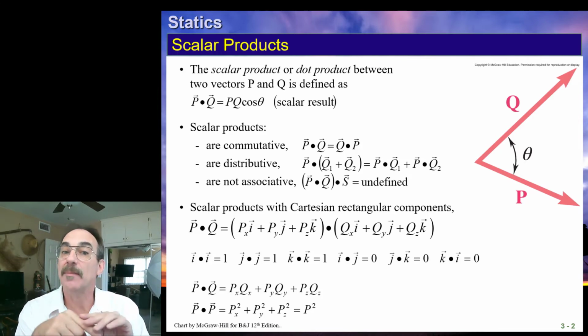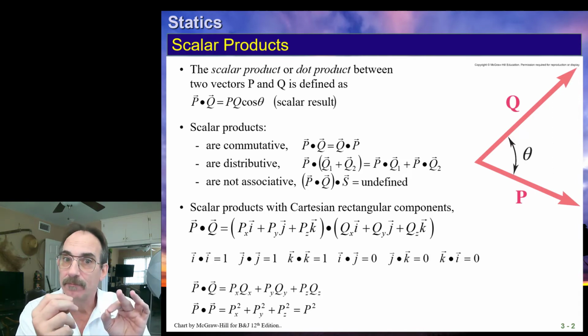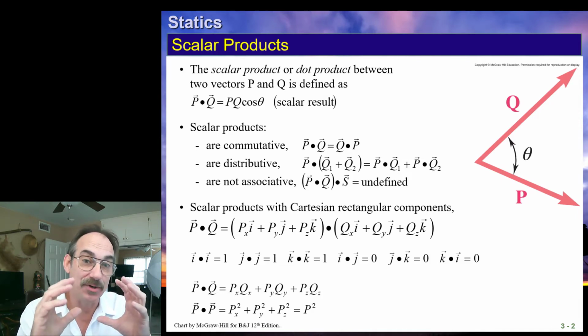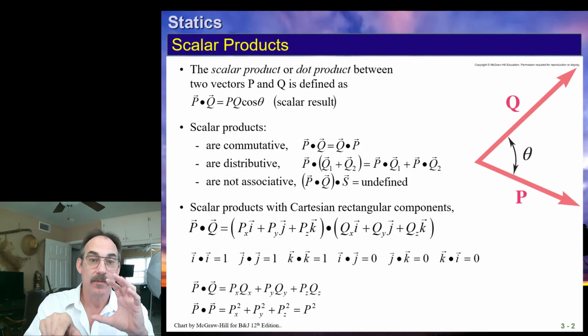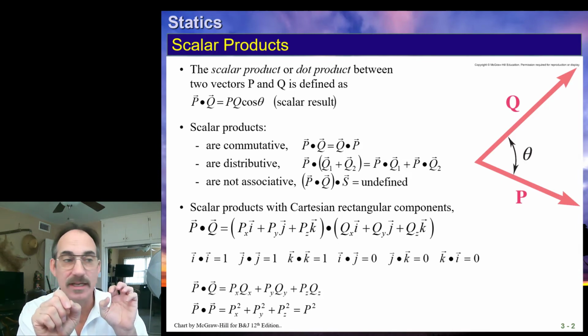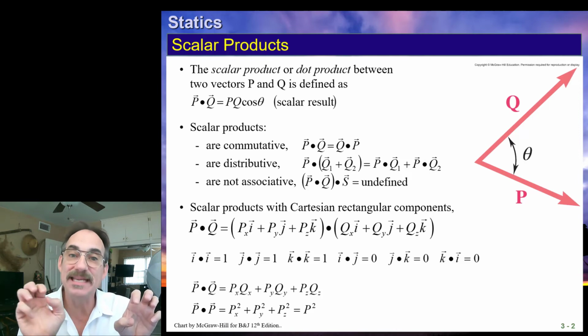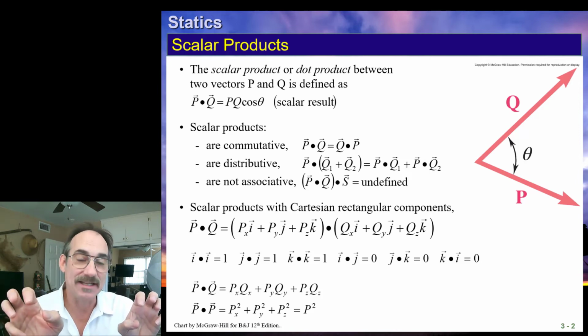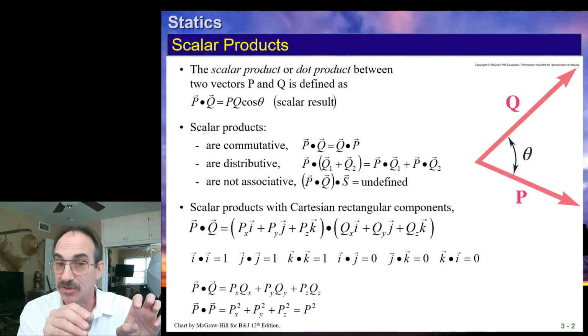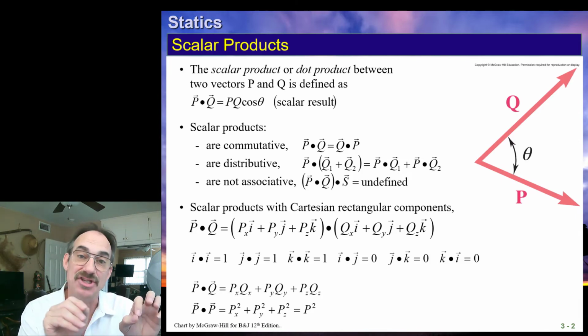So when we talk about vectors having magnitude and direction, we can either specify their magnitude and some angle, or we can specify them in terms of their components, Px, Py, Pz, each acting against their unit direction vectors i, j, k.